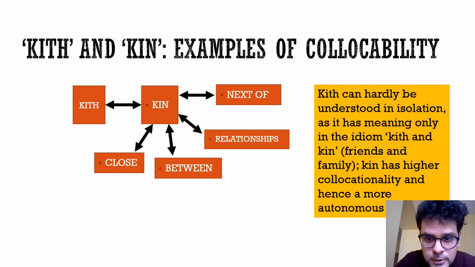So that's why we can more easily provide a definition for kin than we can for kith. If you define kith, you always have to report the kin and kith collocation, but not vice versa. You can define kin without reporting kith and kin.